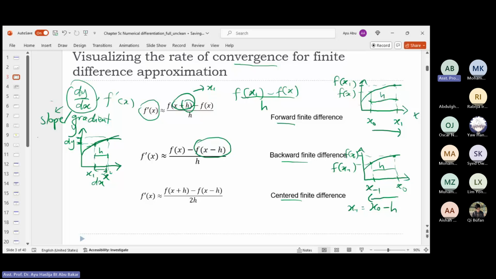The h is the dx, so this is dy over dx. That one is backward, move backward; forward, move one step ahead.